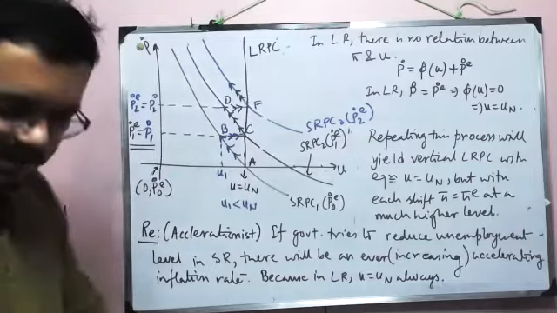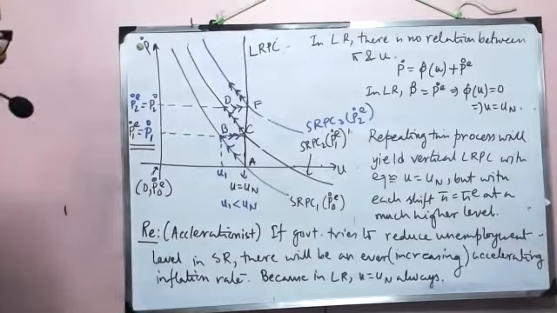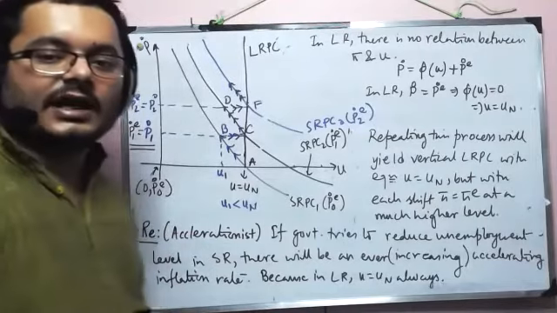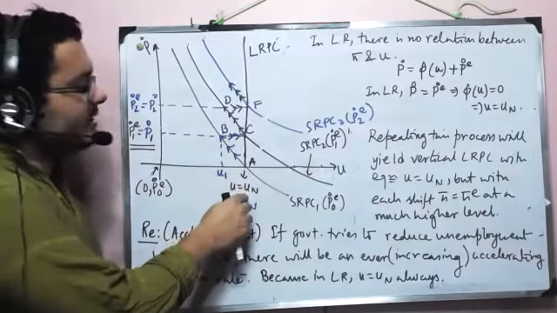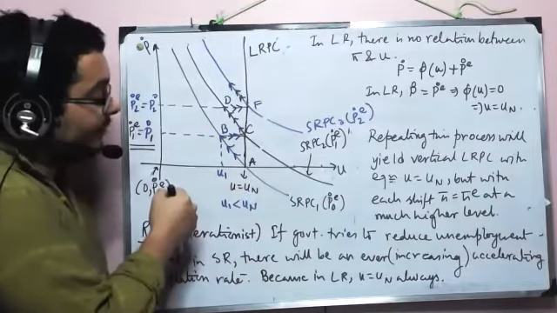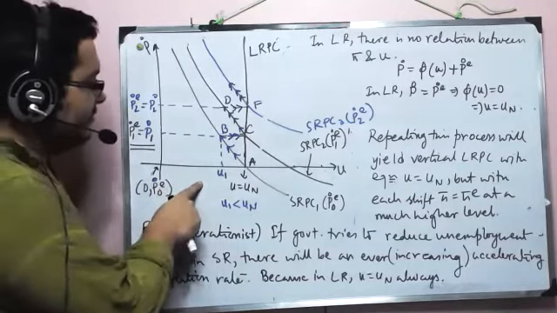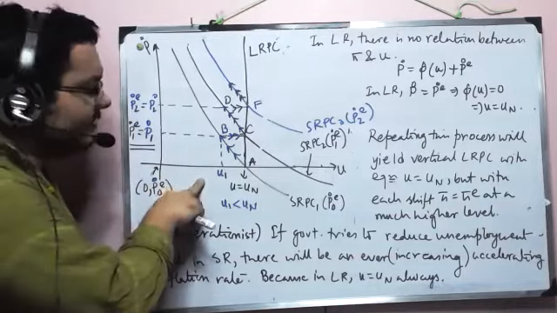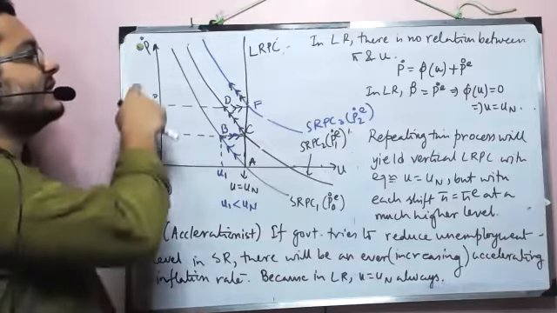Okay. So what is the idea? The idea is very simple, that however you may try, you cannot hold a lower unemployment rate than the natural rate. So that is something that you cannot hold. Any unemployment rate below this UN will not hold. So there is no point in reducing it, because every time you reduce it, as a result, here the inflation rate is continuously increasing.